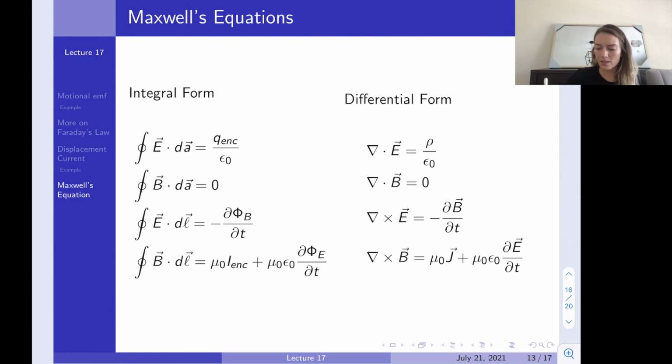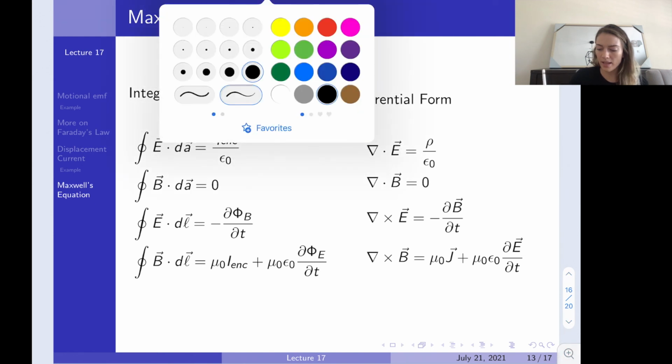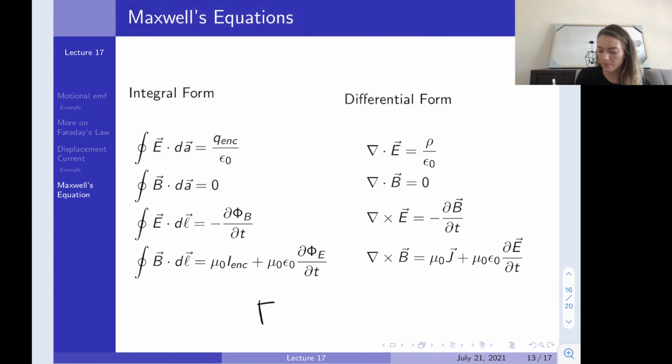With just these four equations and the Lorentz force law, you can describe every electromagnetic interaction you can come across, whether it's an electromagnetic wave, two charged particles, a current, anything. Electromagnetism can be derived by just Maxwell's equations and the Lorentz force law.